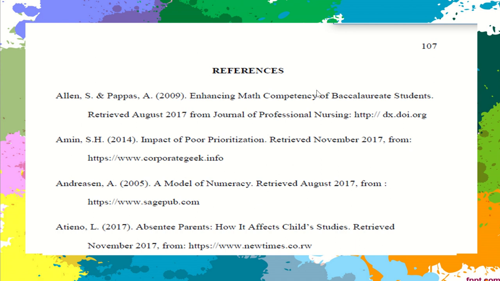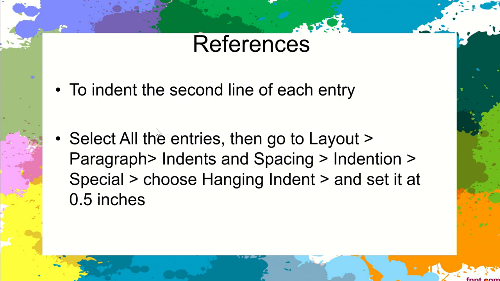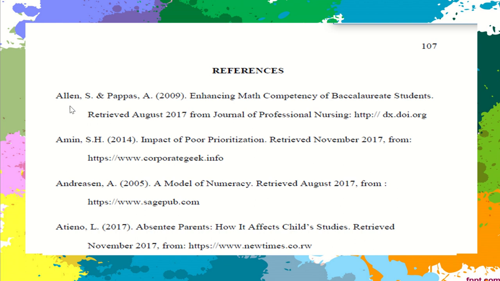Now, this is how it will look like. So naka-alphabetically arranged. And then kung mapapansin nyo, this is how it is formatted. Again, you just follow this one para naka-indent yung second line of each entry. Nakapasok itong second line of each entry.